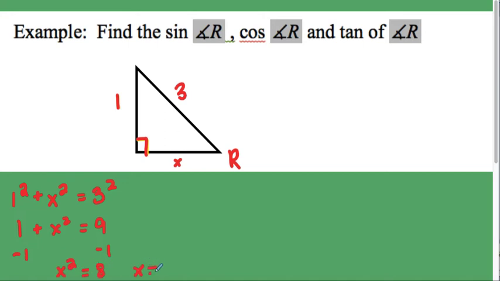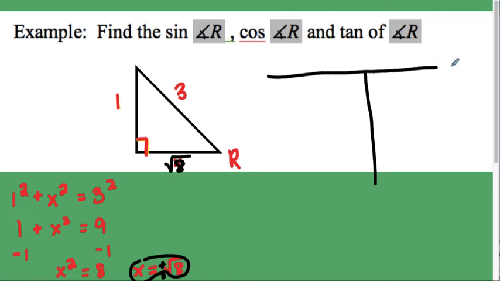And so x equals root 8. Actually, x equals plus or minus root 8, but remember, since we're talking about a triangle, we're only looking at the positive value. So this is root 8. So I'm going to put it in there. All right, so if I want the sine of R, I'm going to show you 2 ways, using a fraction and a decimal, okay?